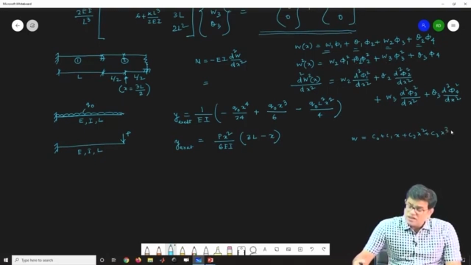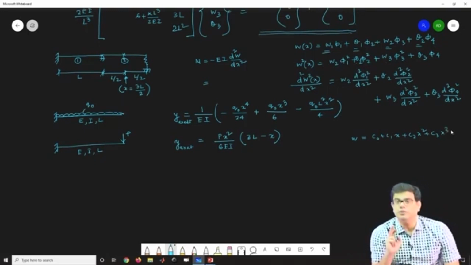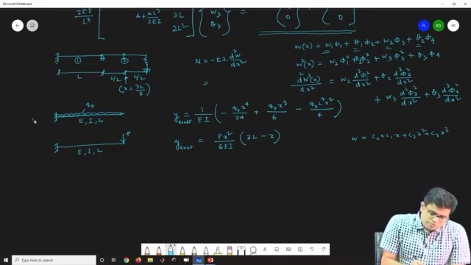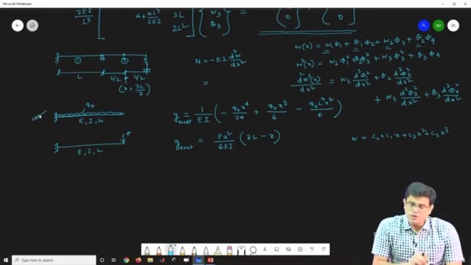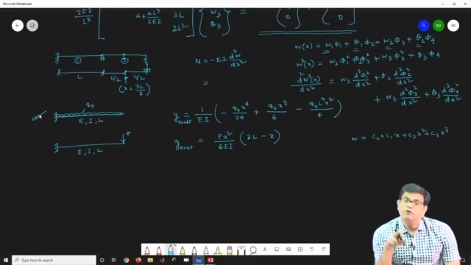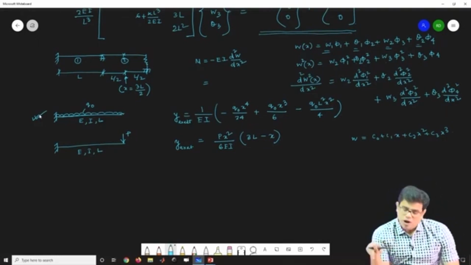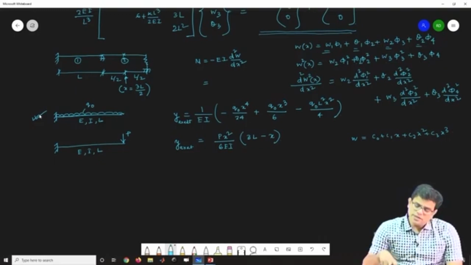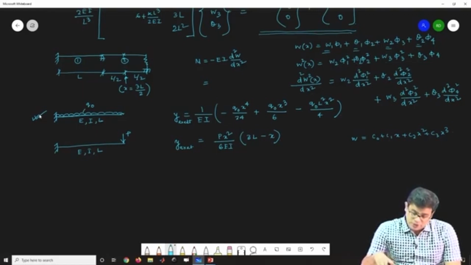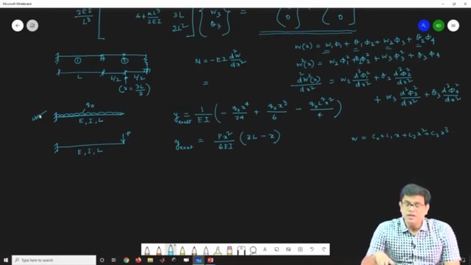Now this polynomial is a cubic polynomial. If you solve this problem with the finite element solution, the exact solution of the first problem is a fourth order polynomial, while for the second problem it's a third order polynomial, because it contains the P x cube term.